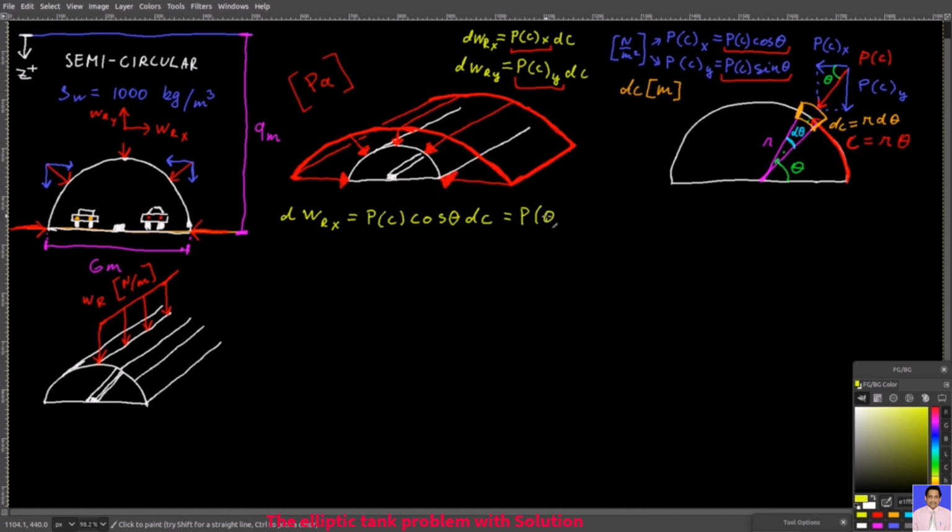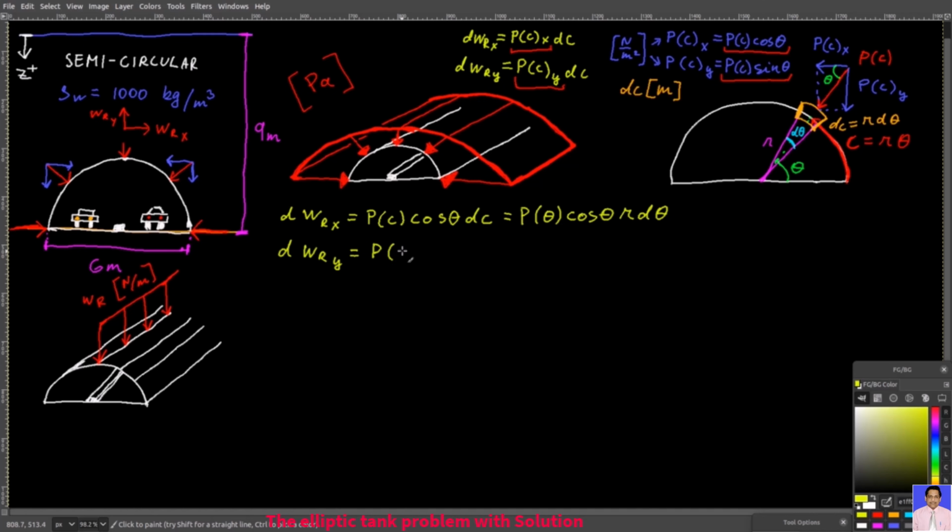Pressure as a function of theta times cosine theta, and now times r times d theta. And the same thing with differential wry.